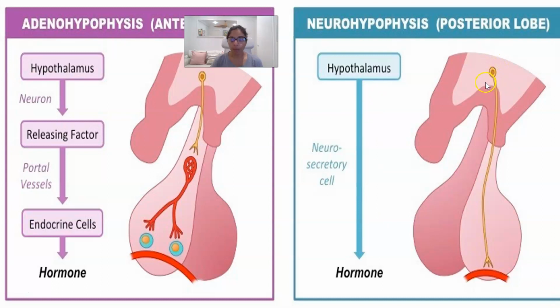The hypothalamus makes hormones in this area, in the cell body of the axon, and the posterior pituitary gland simply stores that hormone in the axon terminals and releases it when required. And again, because it's a hormone, it will be released into the blood vessels, and that will be carried to the target organ.